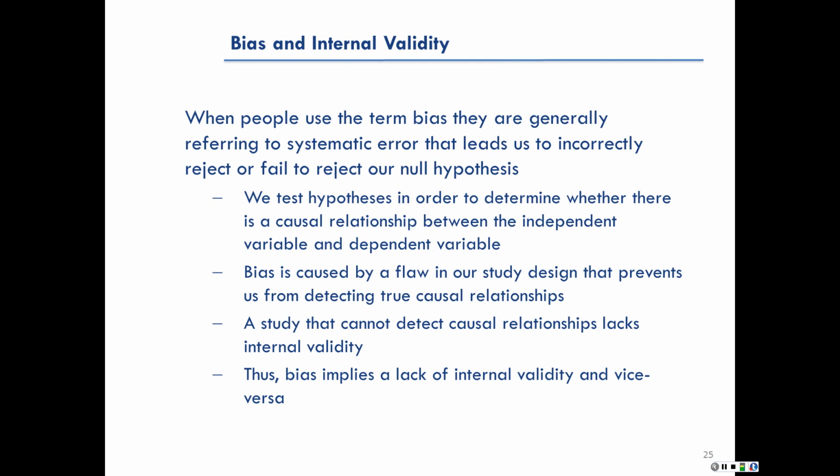Did the exposure to tobacco use, for instance, cause the effect of being diagnosed with cancer? Bias is caused by a flaw in our study design that prevents us from detecting true causal relationships. And as you'll recall, a study that cannot detect causal relationships lacks internal validity. As a result, bias implies a lack of internal validity and vice versa.